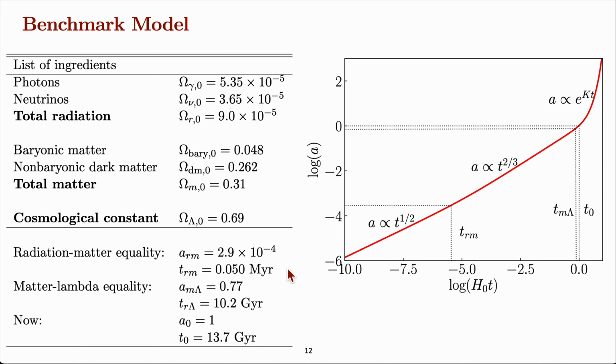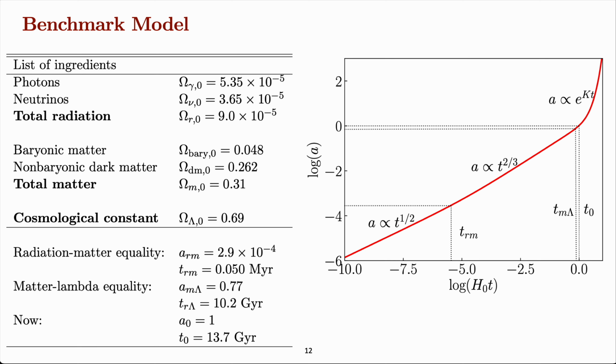And from that, you can numerically get the scale factor at which radiation and matter were equal. That's 10 to the minus 4. And if you convert that into time, this is 0.05 mega year. And the scale factor at which matter is equal to dark energy is 0.77.